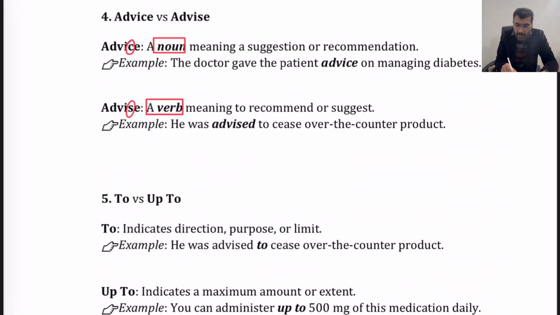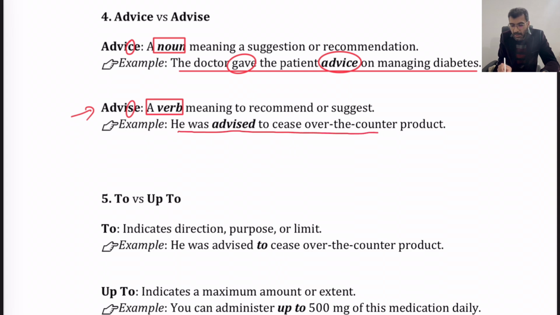For example, for the noun: the doctor gave the patient advice on managing diabetes. Gave is a verb, so after gave we use the noun form advice, not advise. If we need to use advise, it will be used as a verb, like this: he was advised to cease over-the-counter products. This is the right way to use advise, the one with S.